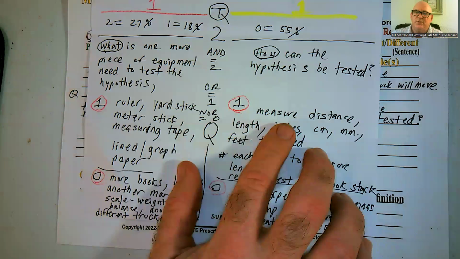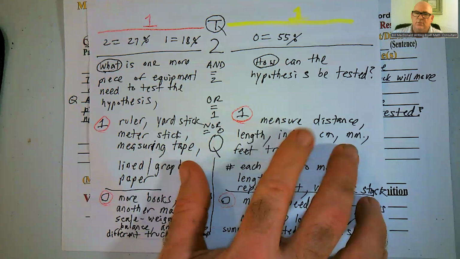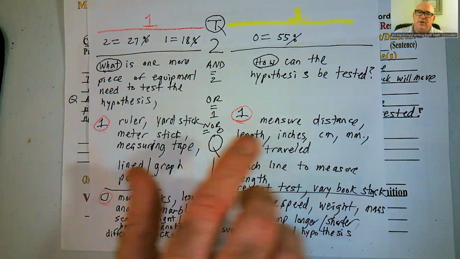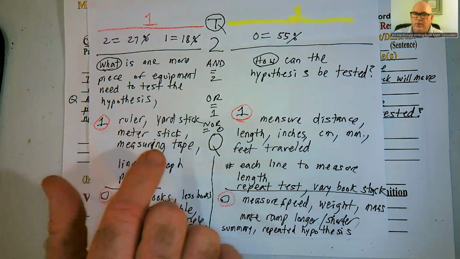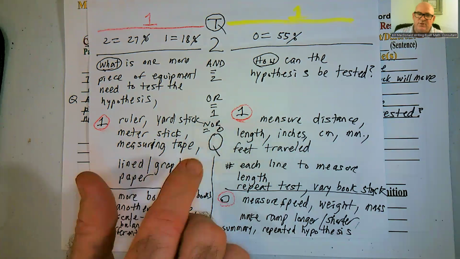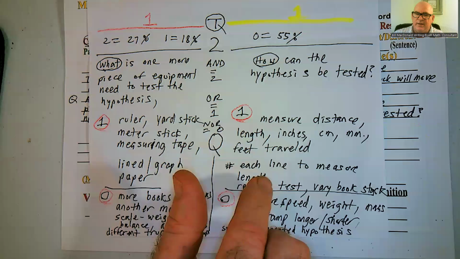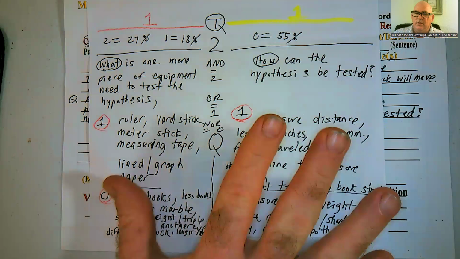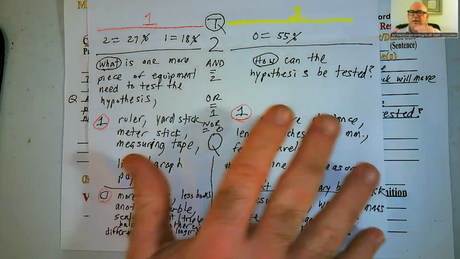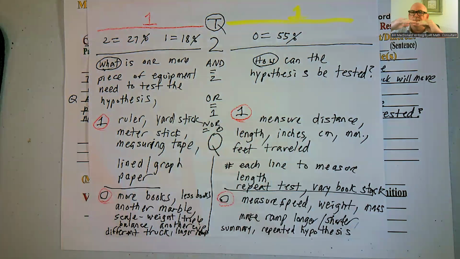In order to measure distance, there needed to be a ruler or a yardstick, a meter stick, or measuring tape, or some lined paper as long as they went and explained that. In a teeter-totter, it doesn't matter which side of the teeter or the totter you're sitting, as long as you're answering both parts.